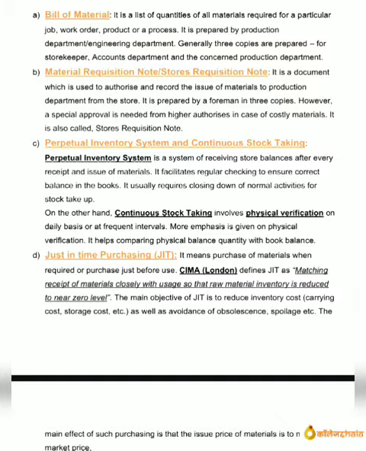So, from the bill of material, we can understand the new items to be procured, and this will be given to the purchase department, and they will take the initiative to follow the purchase procedure.